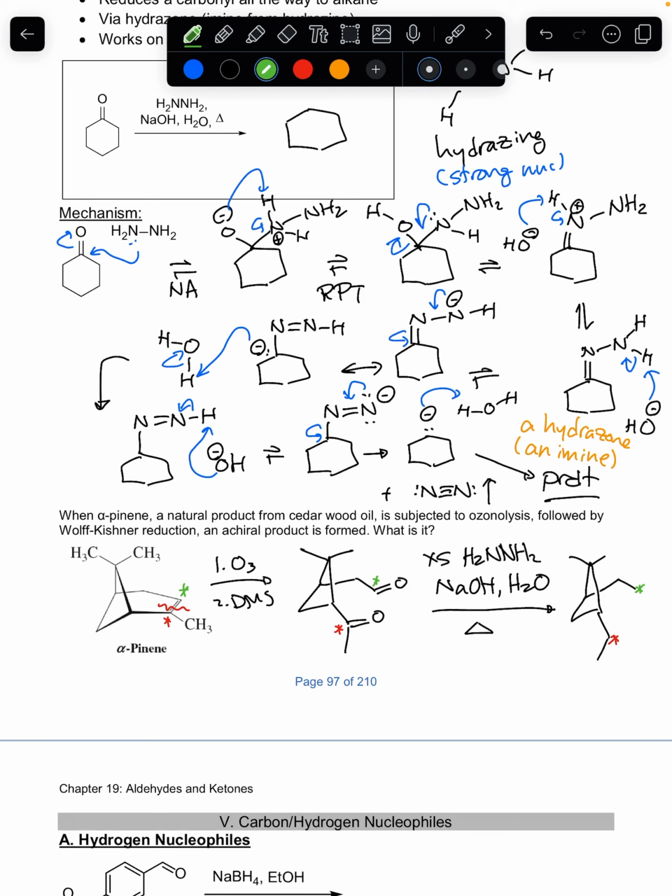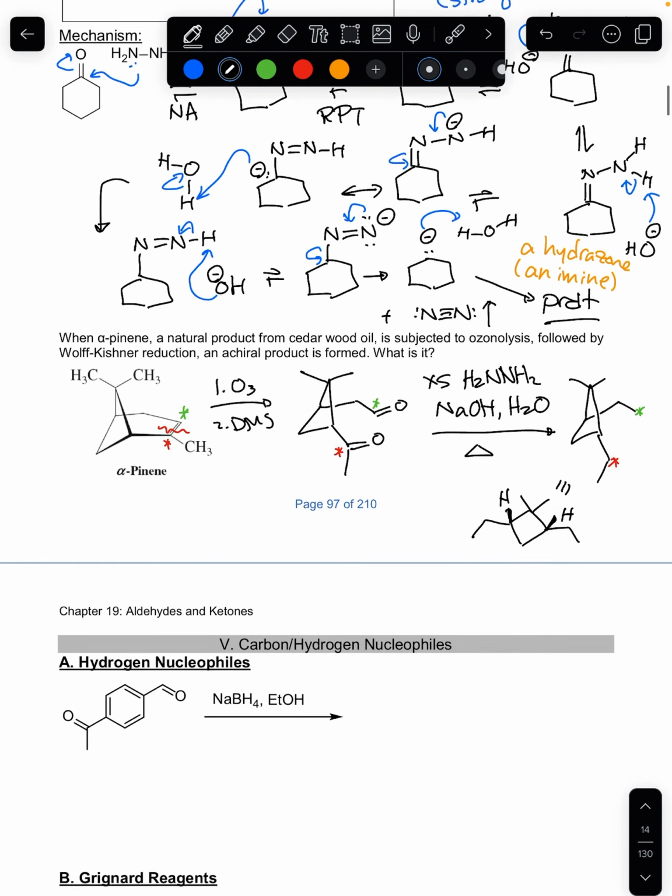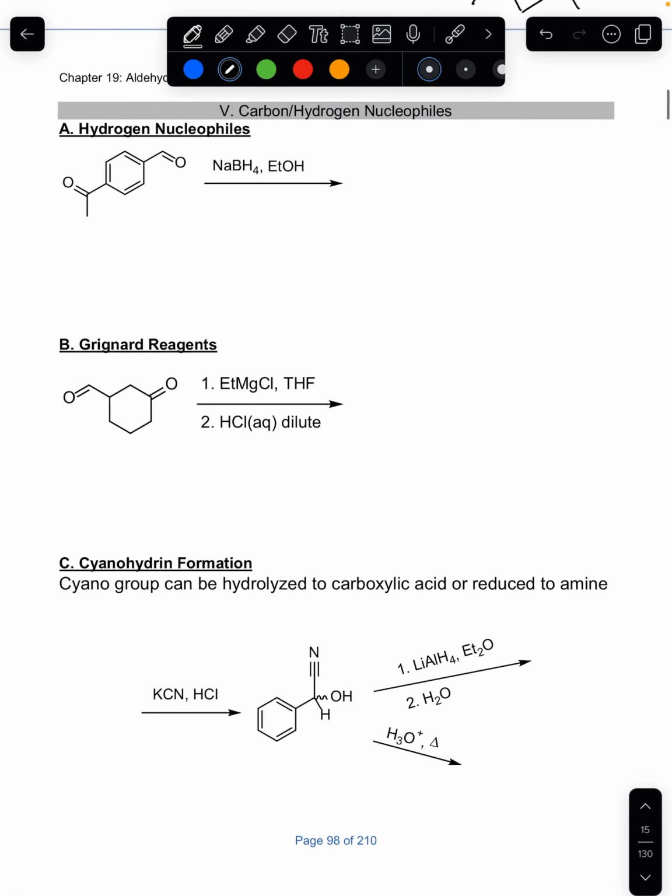This is that same carbon, which if we were to draw this a little differently, you get this simple product, and that's part of the ways they could figure out the structure of something like this. Okay.